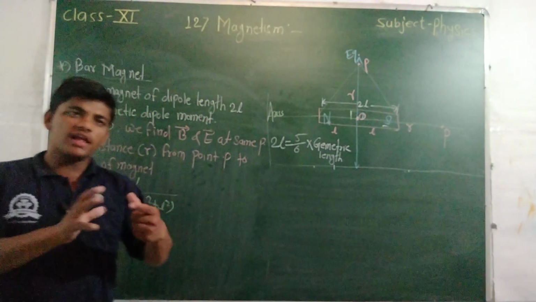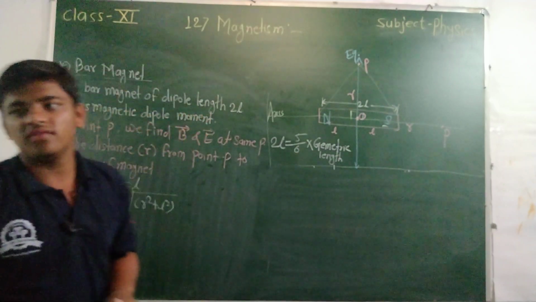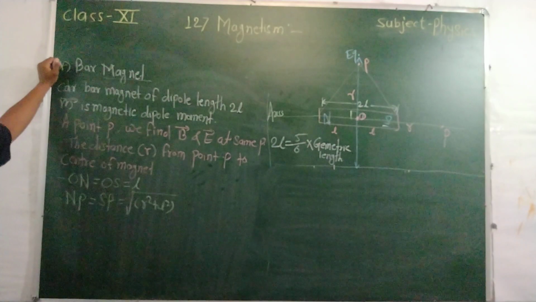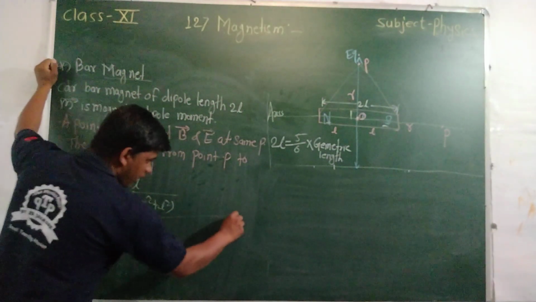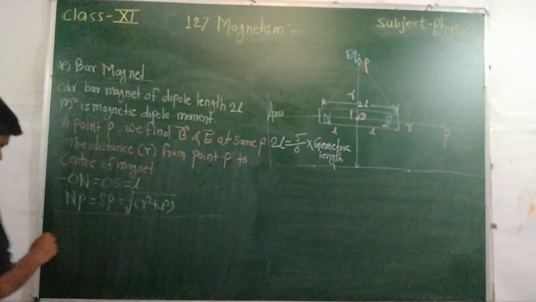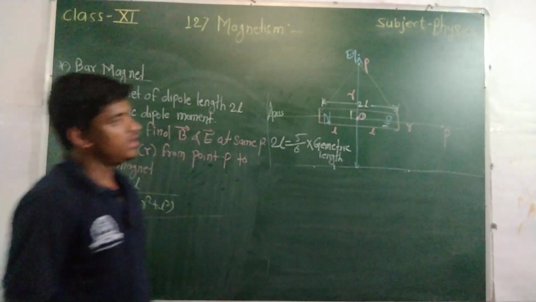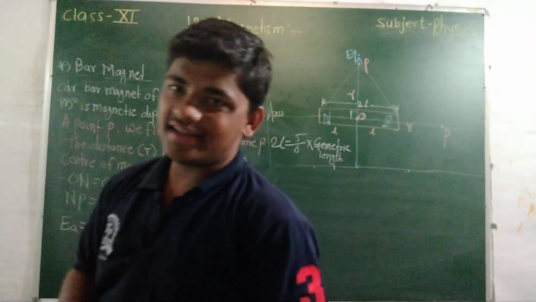We know that in the electric field, the electric dipole moment P is equal to 2QL. We start to discuss the electric field at a point P on the axis.